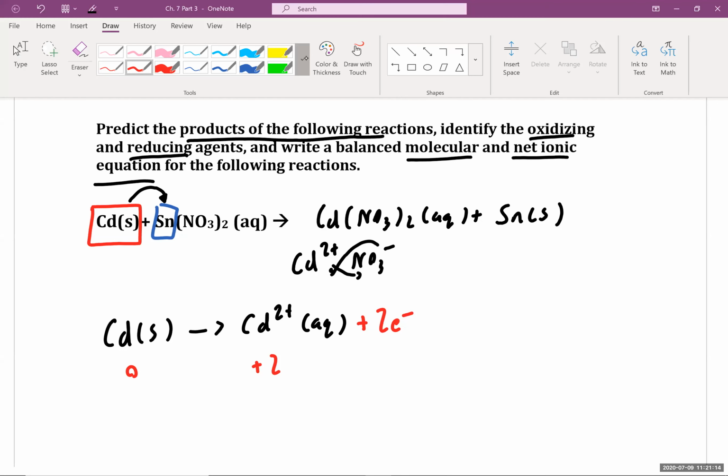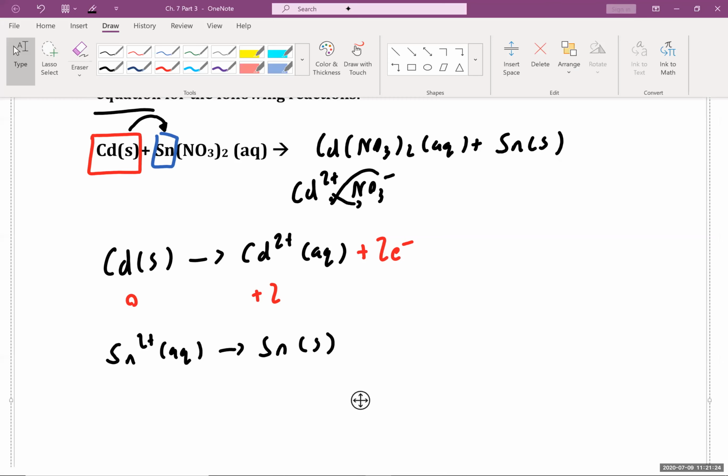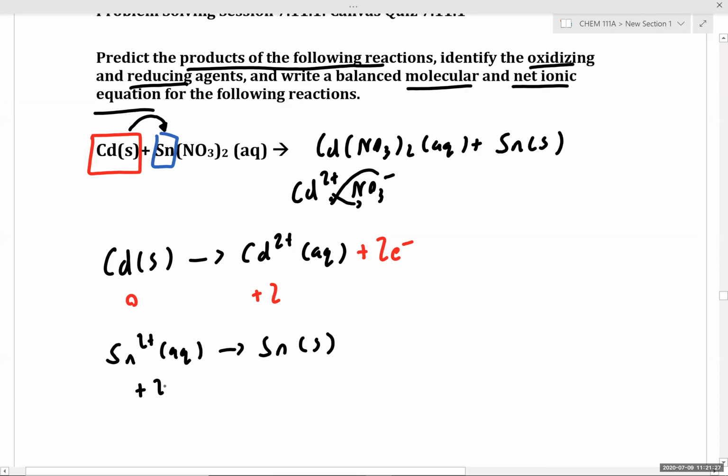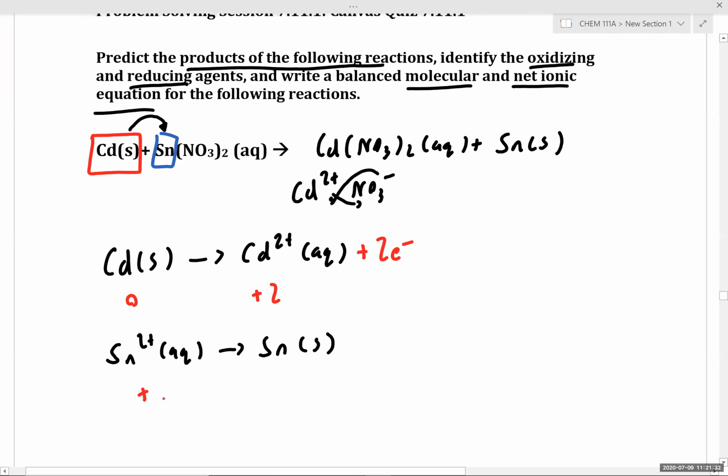Okay, now let's look at tin. We go from tin 2+ aqueous to tin solid. We went from +2 to 0. Let me change colors to make that easier. So how many electrons did we gain? 2.